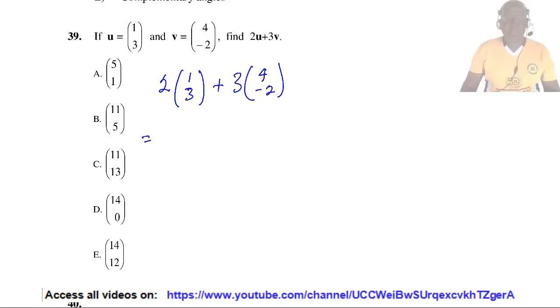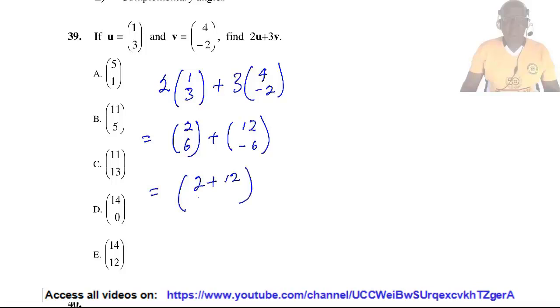This equals, we shall multiply by 2 and get (2, 6), plus (12, -6). Adding the top components, we get 2 plus 12, and adding the bottom components we get 6 minus 6, so we get (14, 0). So the answer is D.